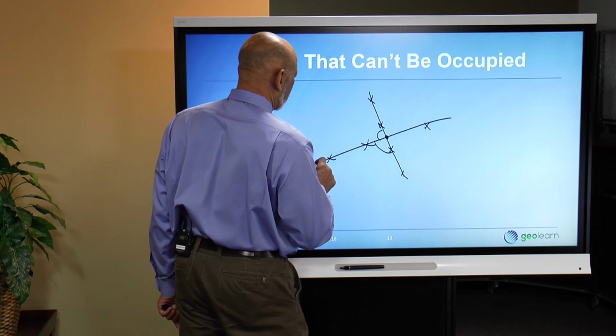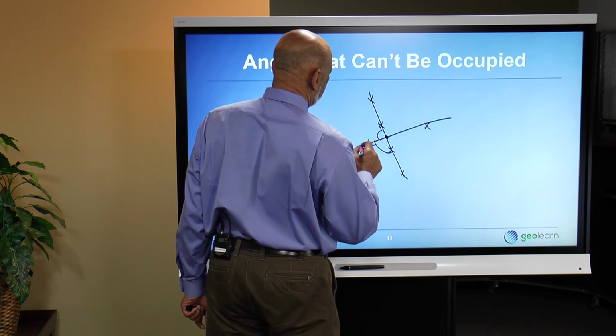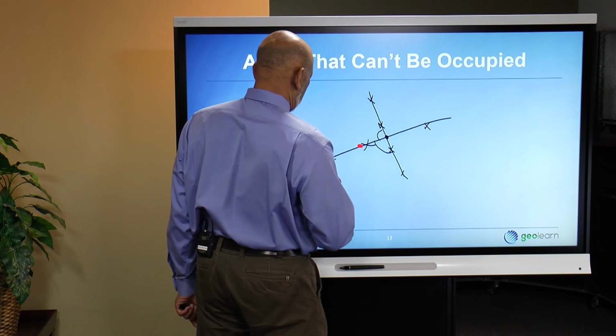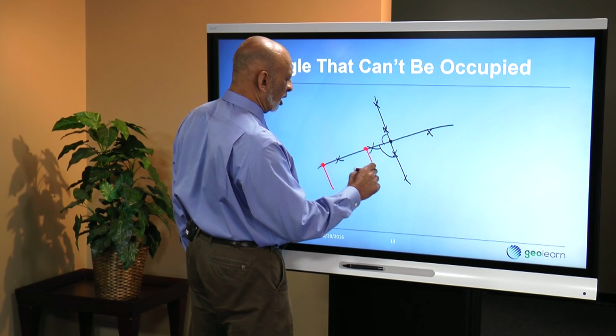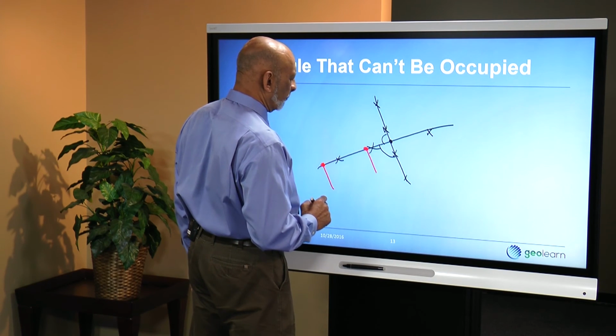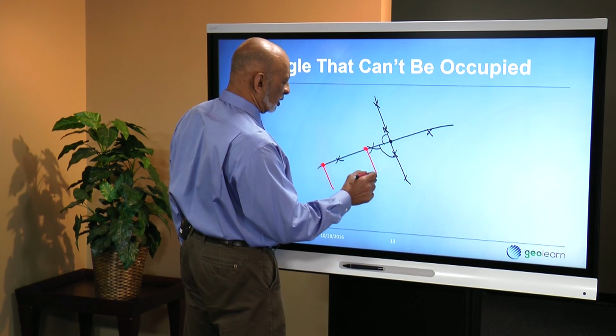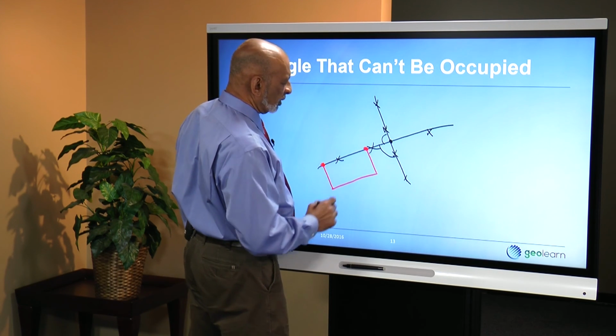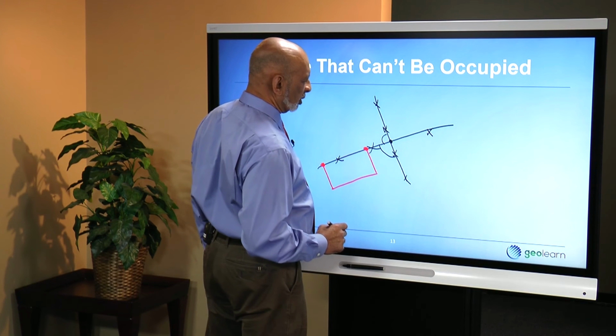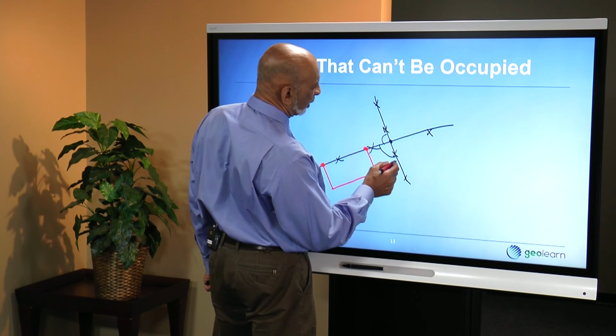And what you would do is you would take two points on this fence and you would essentially measure at right angles to the fence the same distance, such that we have now created a line that's parallel to that direction. And then we would do the same thing over here.